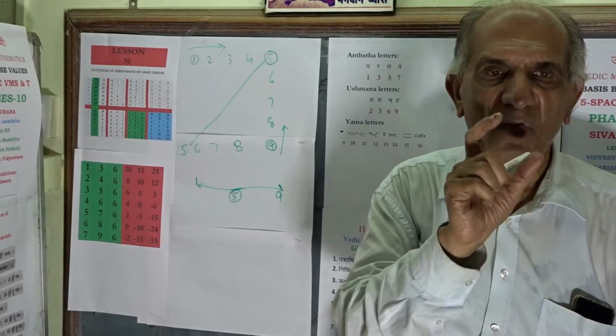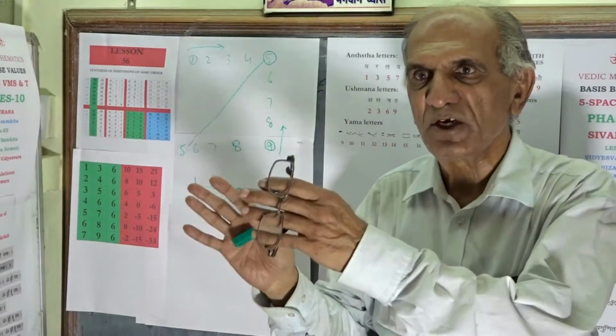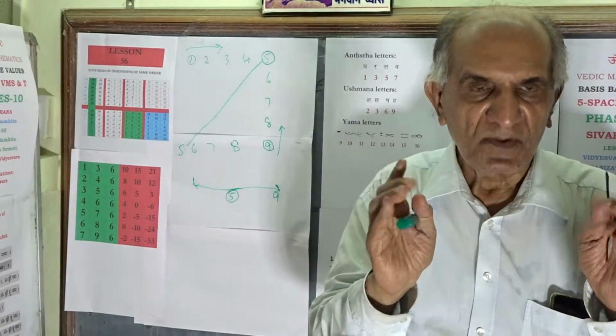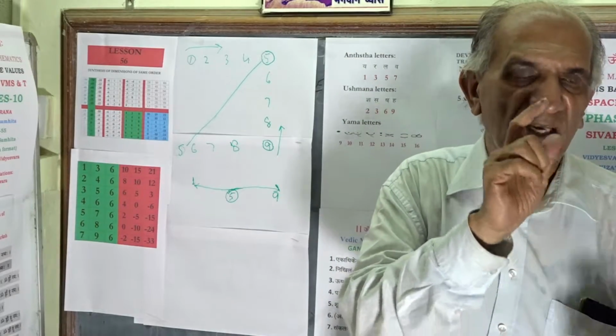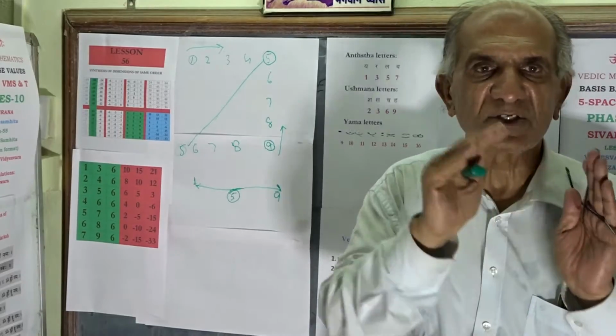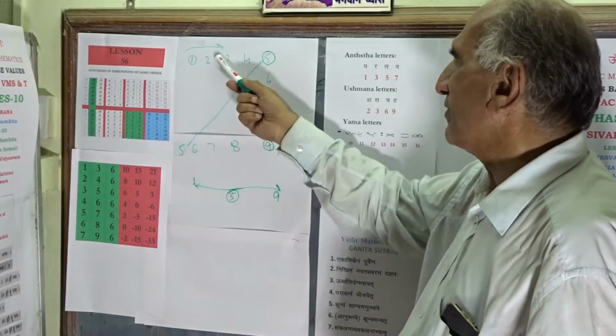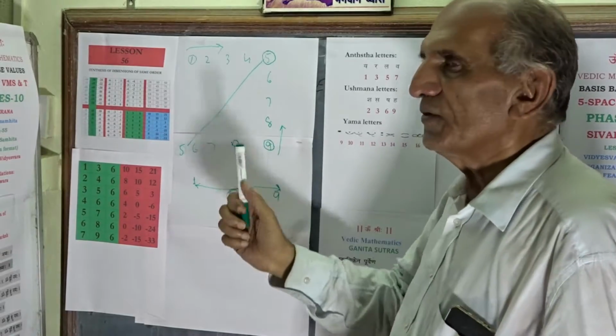Ishan is one of the transcendental designations of Lord Shiv. Lord Shiv is Ishan. Ishan in simple English rendering would mean northeast diagonal. This northeast diagonal is of the 5 cross 5 grid.